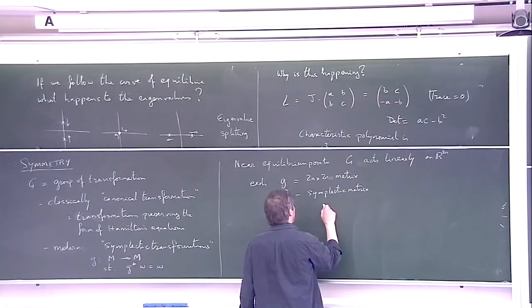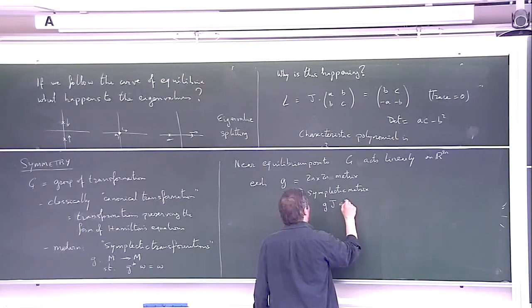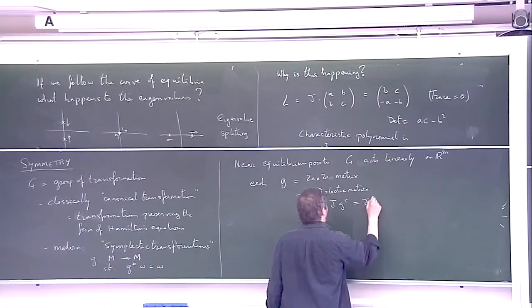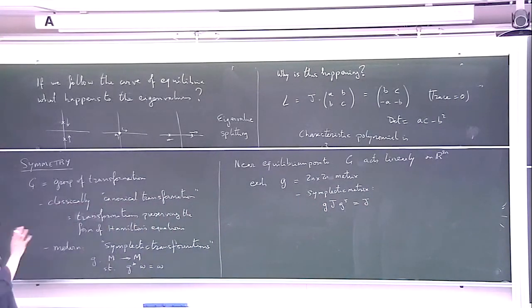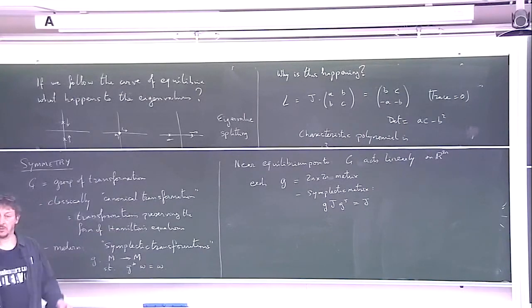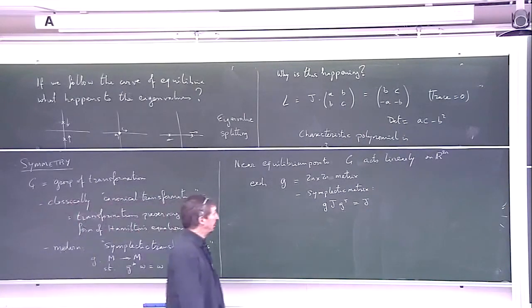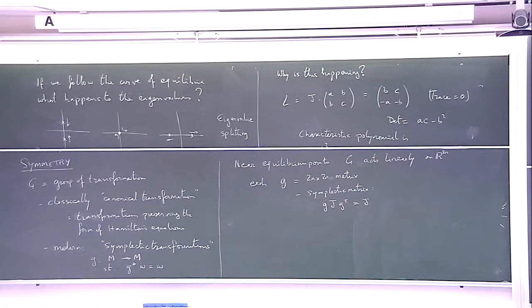So this means, where J was the matrix we had earlier. So that's the equation you need to satisfy in order to preserve the form of Hamilton's equations, because that was the crucial ingredient. That took the place of the symplectic form in Hamilton's equations, this matrix J.